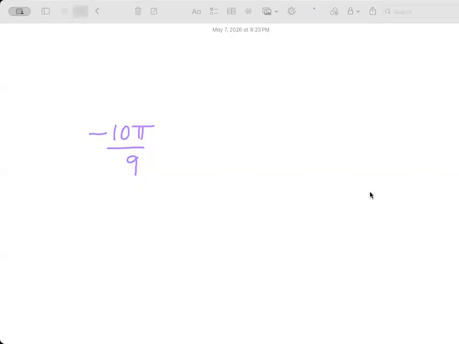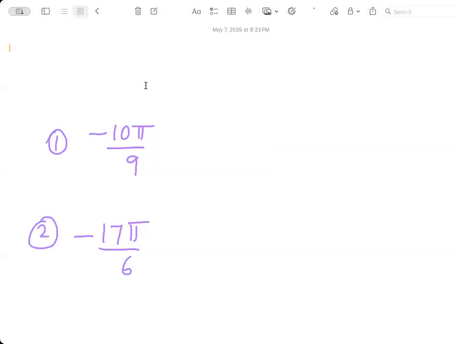That's correct, Akshada. Nice work. Akshada, you continue with this. Which quadrant is it? You can continue with the second question, ma. We are on the first question, minus 10 pi by 9. That is correct, Akshada. Minus 10 pi by 9 is actually pi plus 1 by 9 pi. So which quadrant is it?